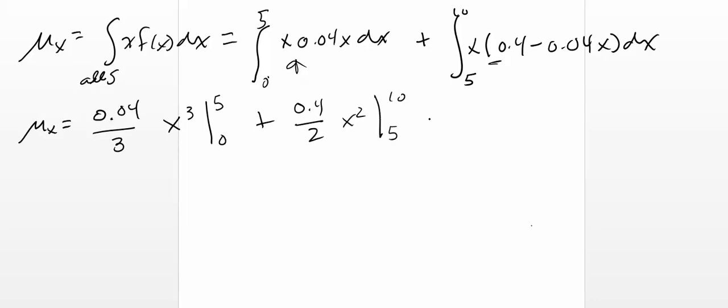And then we have the second term, which is minus 0.04 over 3 x to the third evaluated from 5 to 10.